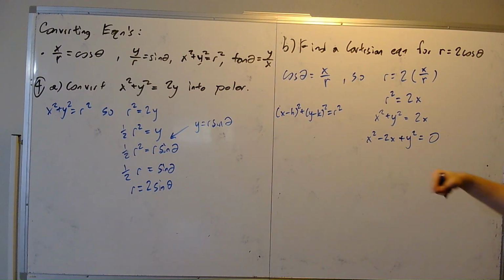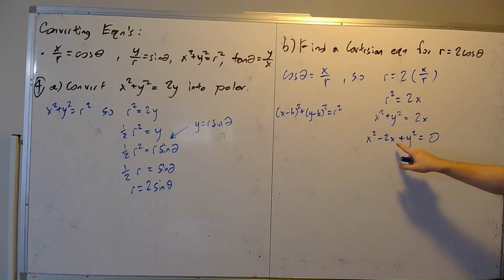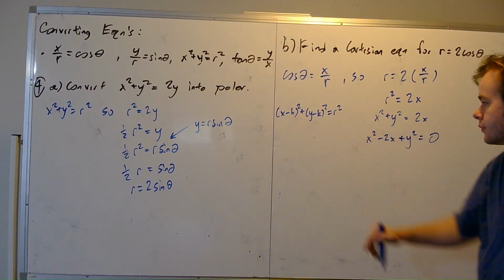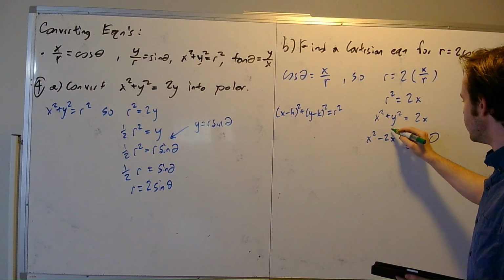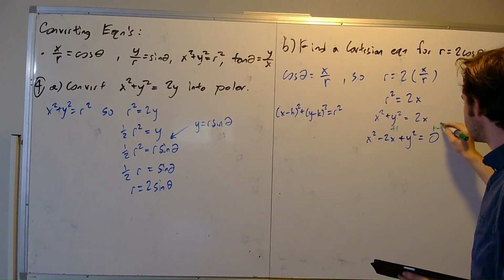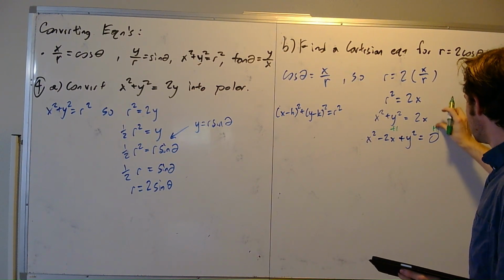So the way we do that is by what's called completing the square. We need to add something to both sides to make this look like this. And the way we do that is we need to add 1 on both sides.